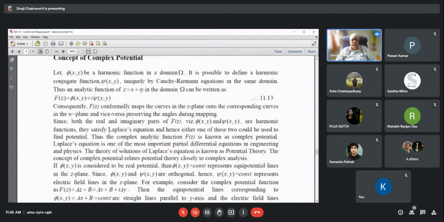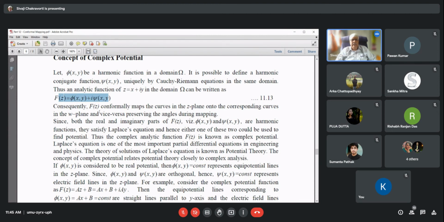So from here we bring in a function concept called complex potential. That means, as is very well known, f(z) has real and imaginary parts. Instead of writing u and v, now I am writing slightly differently, phi and psi.